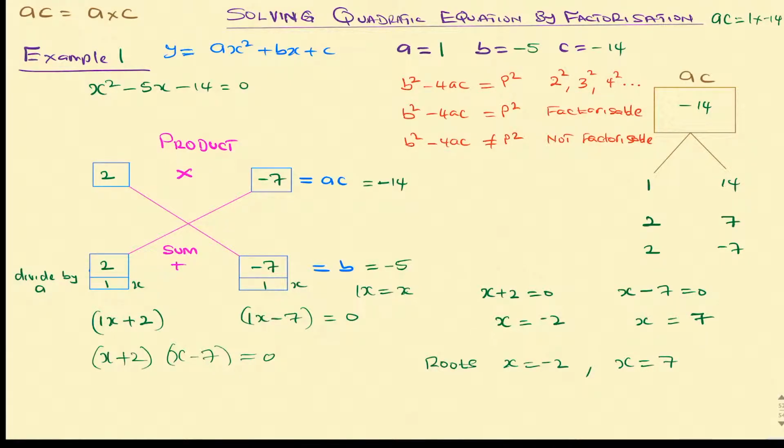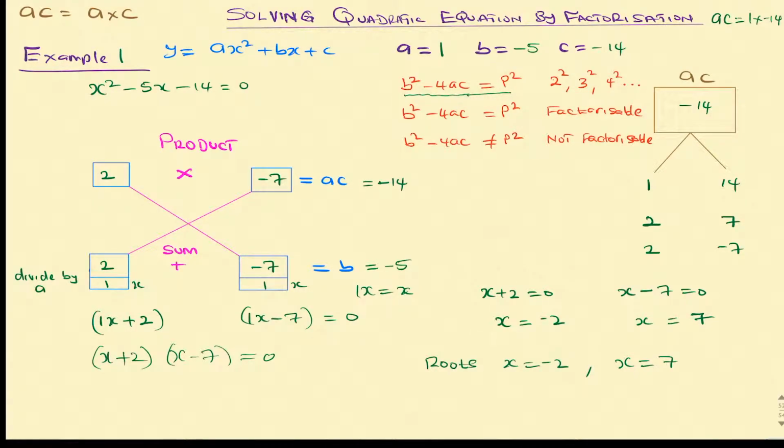Those are our solutions. But do remember, not all quadratic equations can be factorized. For a quadratic to be factorized, b squared minus 4ac must equal p squared. p squared is what we call a perfect square, such as 2 squared, 3 squared, 4 squared.